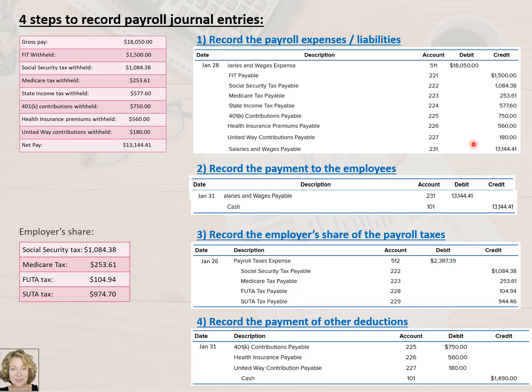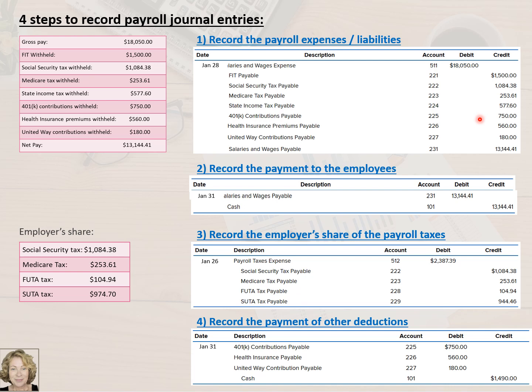So for L&L Grain, we debit salaries expense for $18,050 and we credit federal income tax payable for federal income tax withheld of $1,500. We credit Social Security tax payable of $1,084.38, Medicare tax payable for $253.61, state income tax payable for $577.60, and we credit the deductions for 401k for $750.